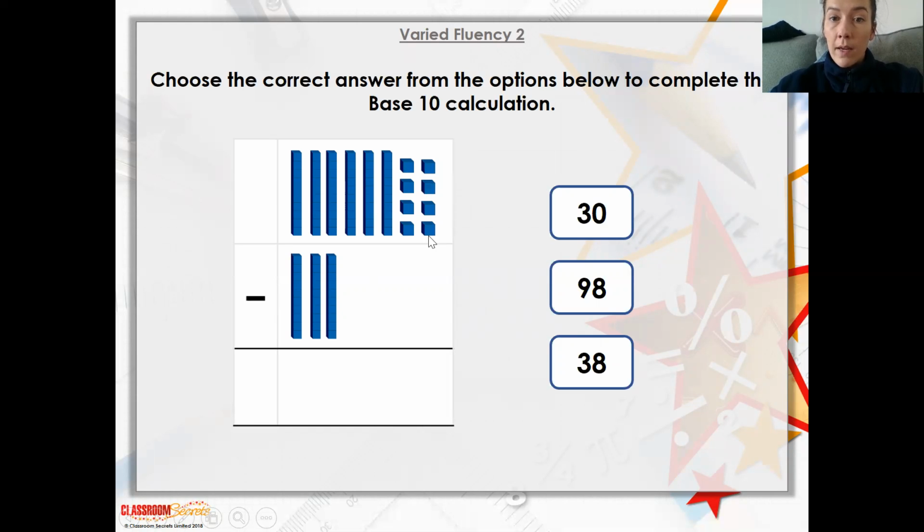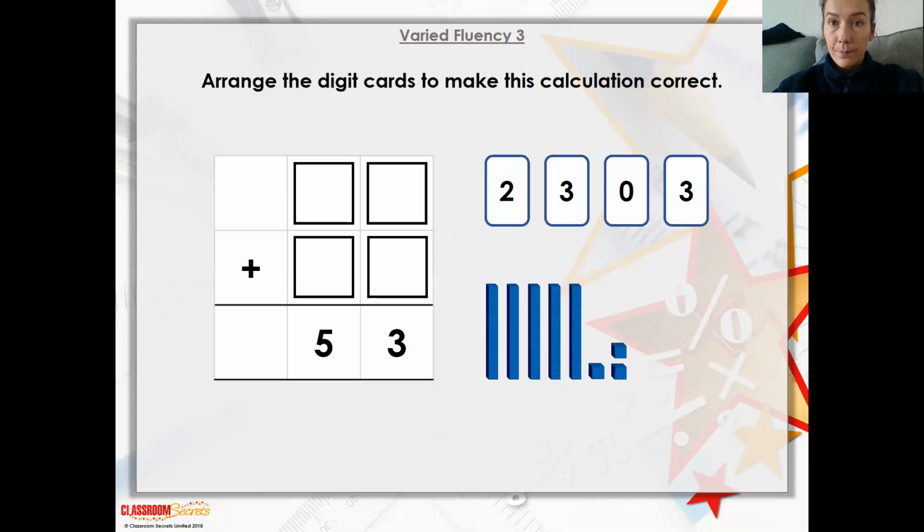And then you've obviously got your 8 ones there. And then you're subtracting your 30 on the bottom. So if we look at this, the correct answer is 38, because 0 subtract 8 is going to be 8, and then 30 subtract 60 is going to be 30, because 30 is half of 60.